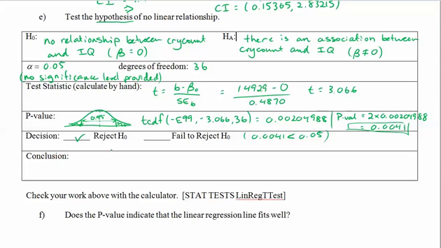The conclusion then, since alpha is greater than the p-value, and of course make sure that you do actually show your math for that, as well as your statement, or just put them in right here. 0.05 is greater than 0.0041.